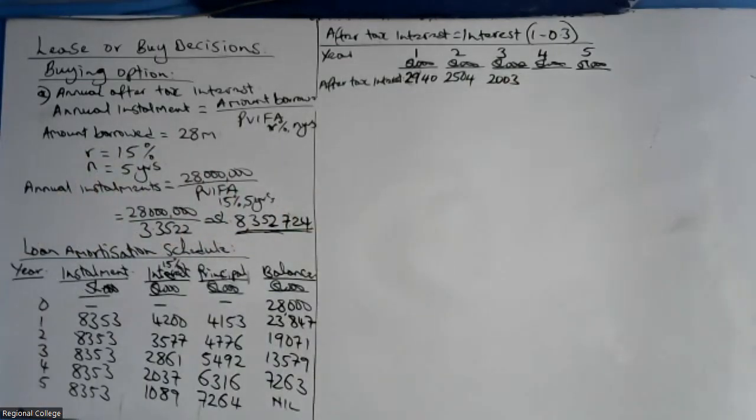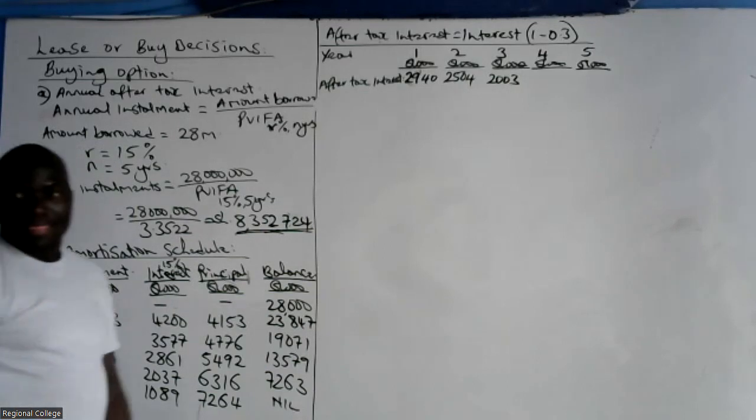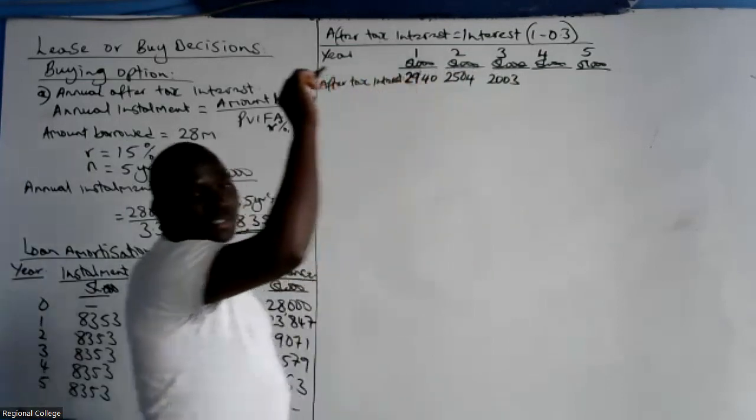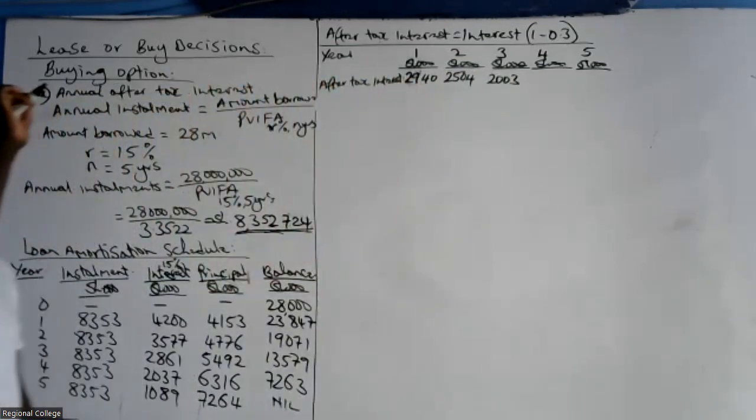Year 4, 70% of 2037, 1426. No, 30%, 70%.